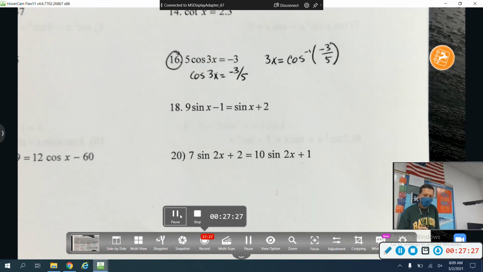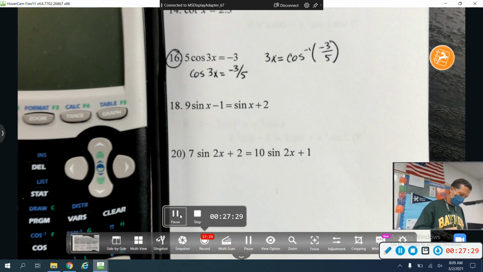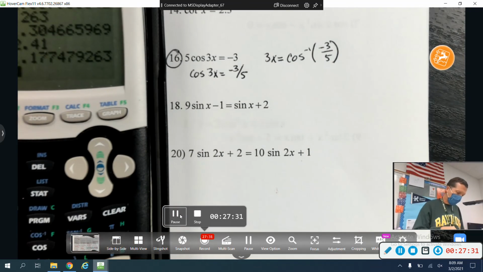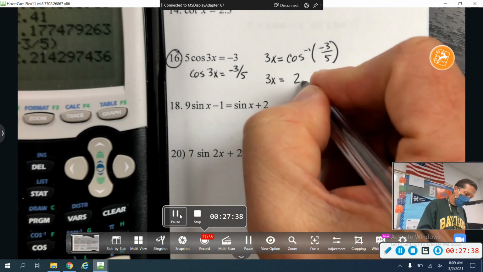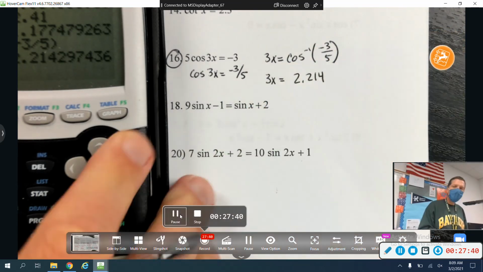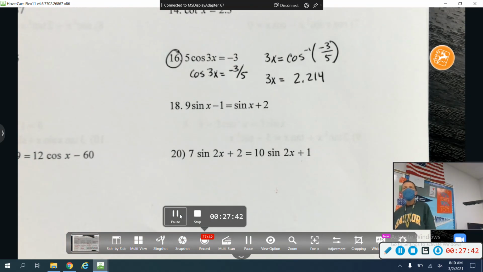Inverse cosine of negative 3/5 is 2.214. So that's one answer for what 3x is. So we're still a couple steps away.